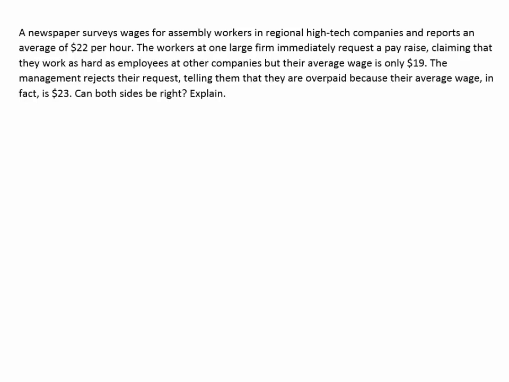Okay, so the thing to note, as we're looking at this, is they use the word average for both numbers. So that's what we're thinking about. Is it possible that two groups of people can look at the same numbers and come up with different representations of their average?